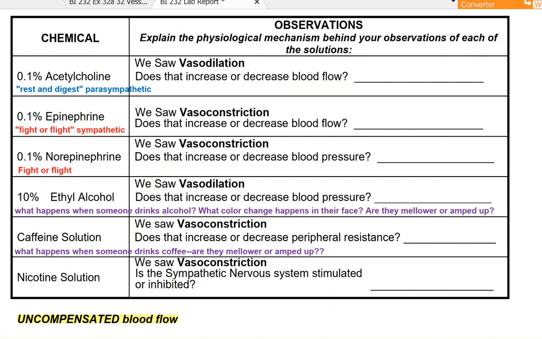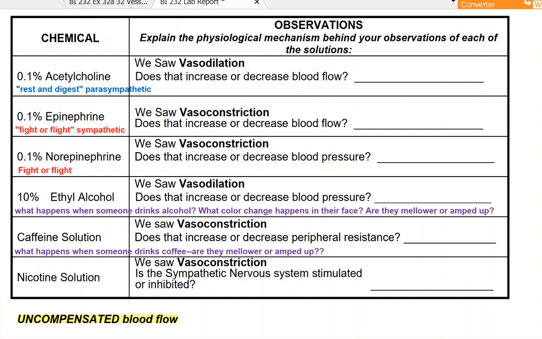Then down here we have three artificial substances that humans take into their bodies, and what we're doing is trying to understand how similar or different these are to either our fight or flight hormones or our rest and digest hormones.